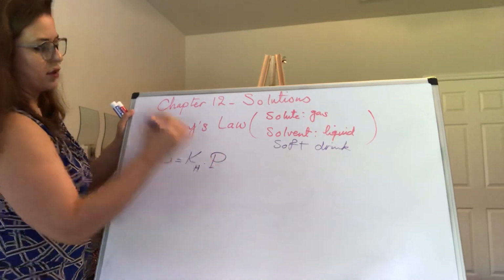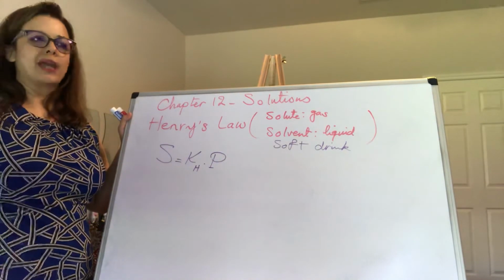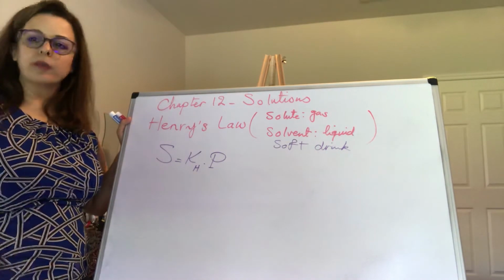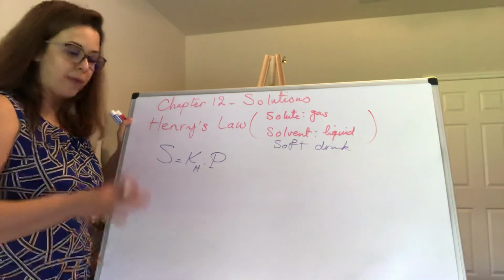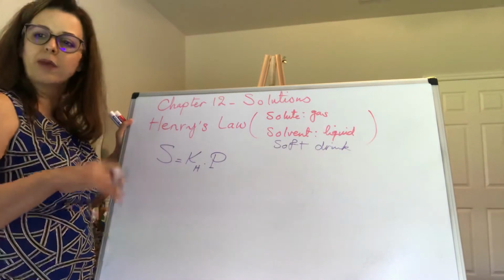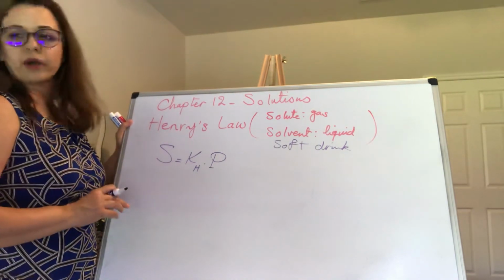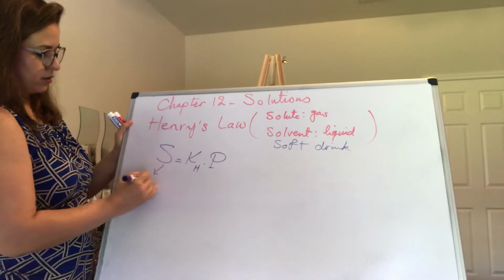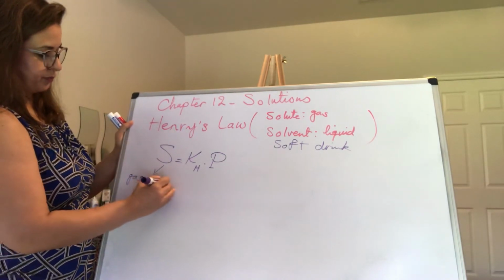Okay? Here's the formula for Henry's law. By the way, in the exams, the formulas for each chapter will be provided. I don't want you to be worried about memorizing them. You will have them and you just need to know how to work with them. So S is the gas solubility, or just solubility.